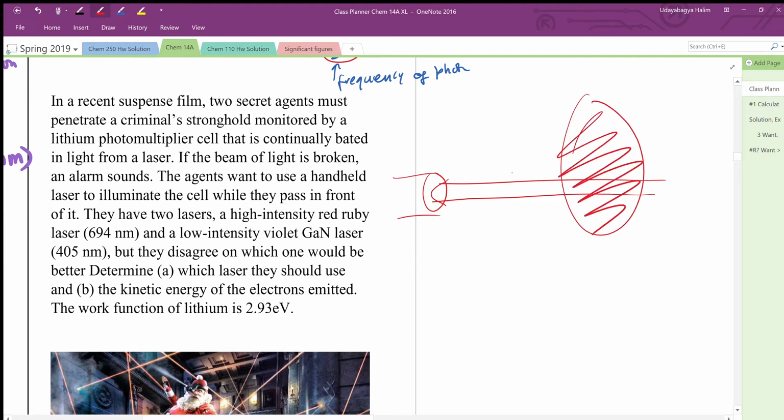If you walk across it, of course, the light disappears, and then the alarm would sound. So as you walk into it, you're going to shine a laser beam onto the sensor to fool the sensor itself using a laser.